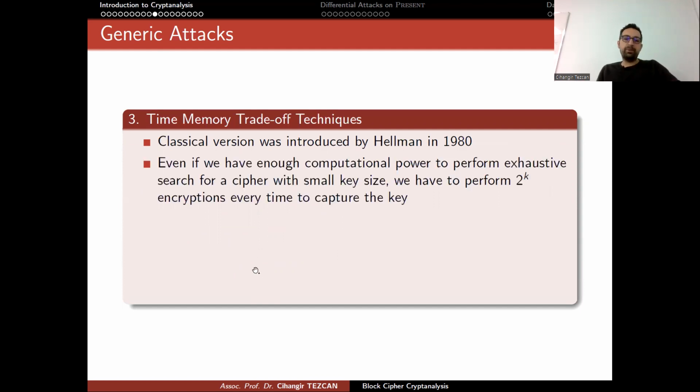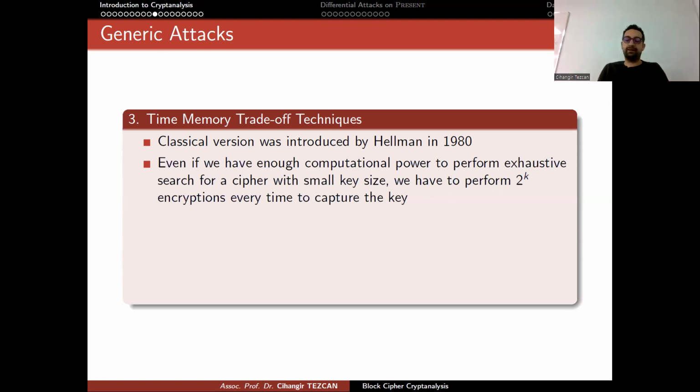So the main problem here is that performing exhaustive search more than once is really a pain in the neck, let's say. Even if we have enough computational power to perform exhaustive search for a cipher with small key size, we have to perform 2 to the k encryptions every time to capture the key.